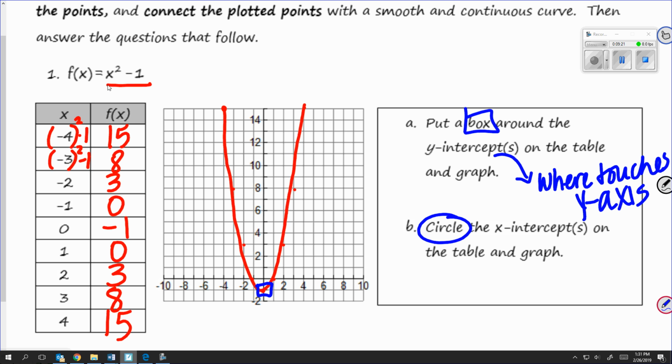The x-intercept is where it touches which axis? The x-axis. So here's the x-axis. It's going to touch it twice. It's going to touch it here at -1, and it's going to touch it at 1. Okay, moving on.